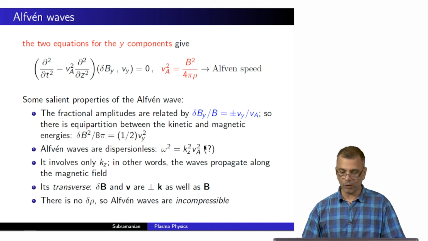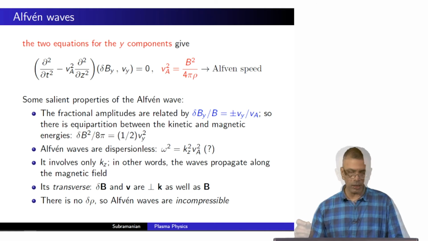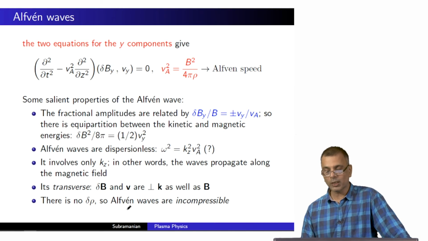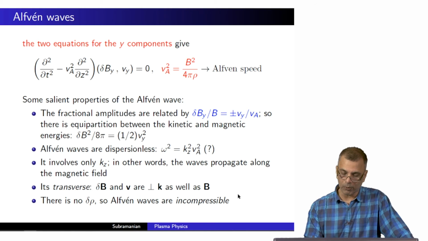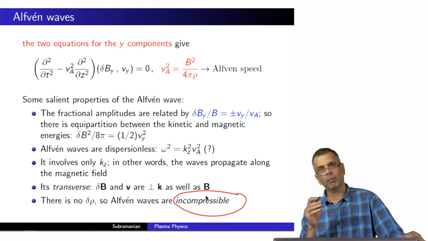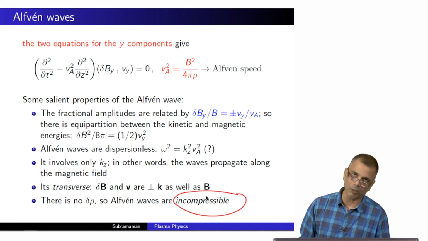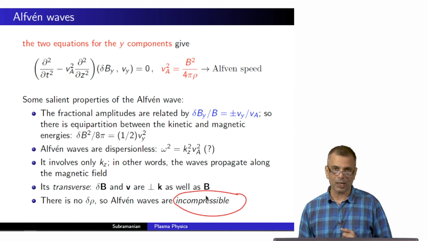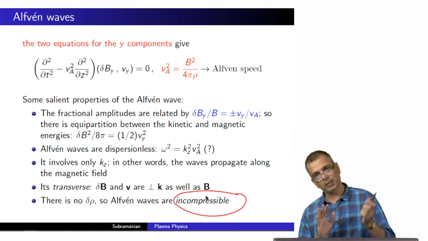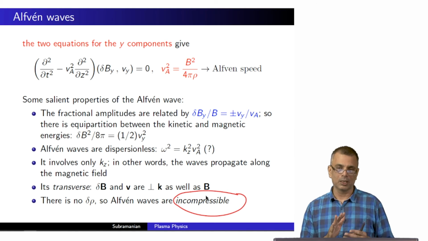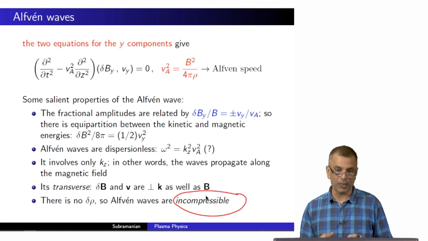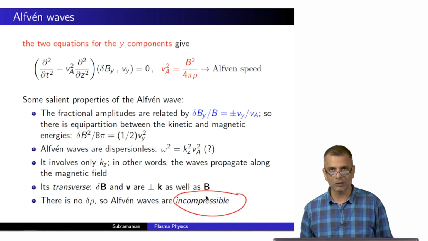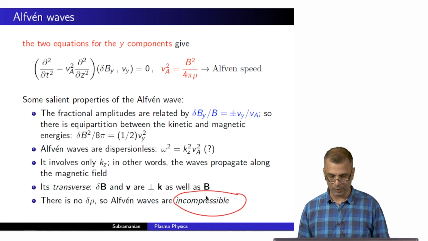So therefore, Alfvén waves do not involve density perturbations at all. Therefore, Alfvén waves are incompressible. Very, very important point, and an important point of distinction with the sound waves. Sound waves are compressible. That's the whole point of sound waves. Sound waves involve compressions in density as well as delta rho and delta p. Here, neither delta rho nor delta p makes an appearance. So Alfvén waves are incompressible.